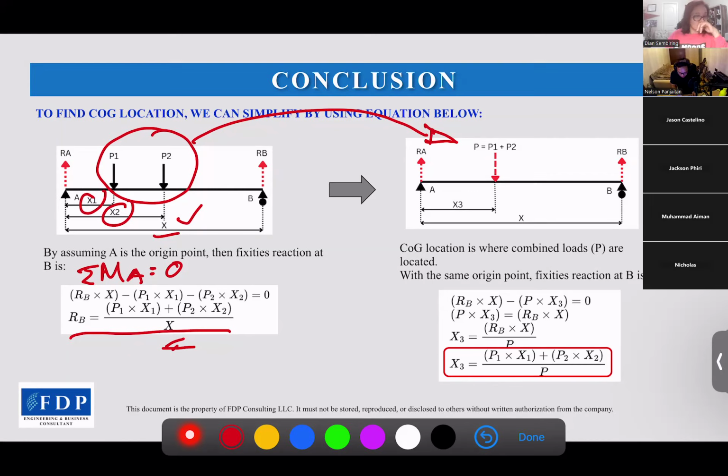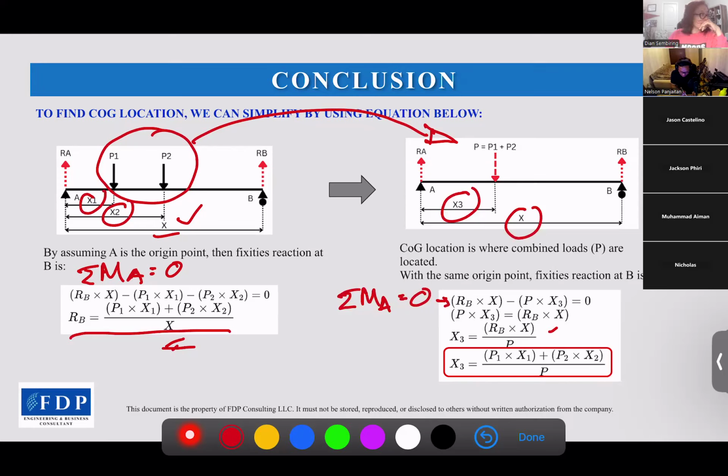So the COG is x3. With the same origin point, the fixed reaction at B is RB. The total moment at A equals 0, then RB times x minus P times x3, the distance to A. Then we get x3 equals RB times x divided by P. What is RB?